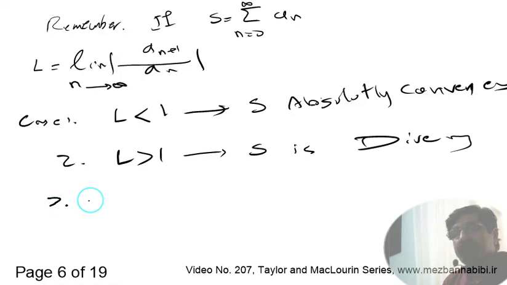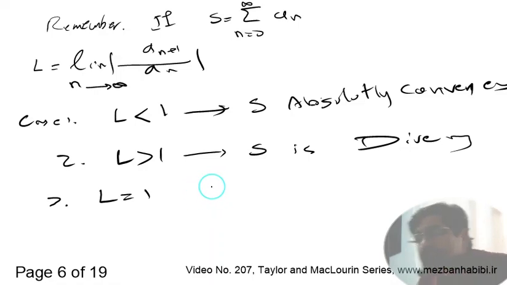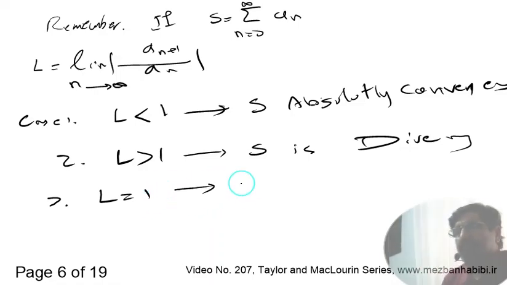And the third one: if L equals 1, the test cannot be used because the series can converge or diverge.